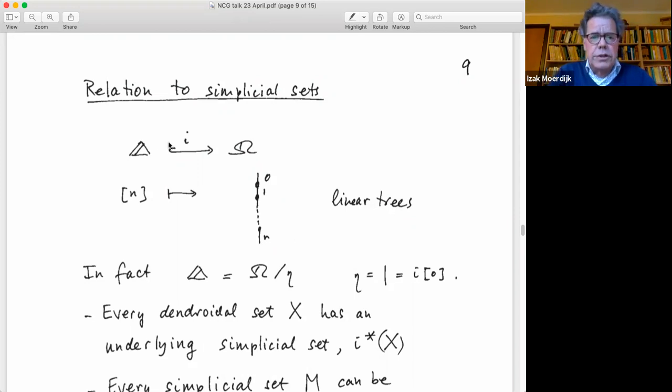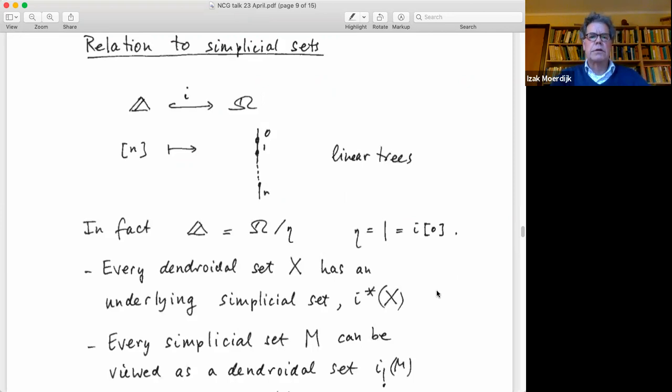This inclusion is in fact of a very simple form, because delta is isomorphic to the slice category in omega, the slice over a specific object eta, and eta is the tree with no vertices. I didn't emphasize that earlier, but there is a tree whose only leaf is also the root. Under this inclusion, it's the tree corresponding to 0.